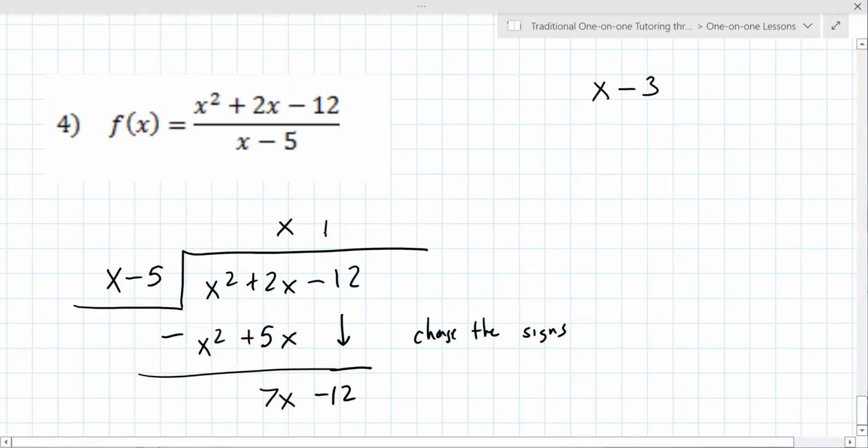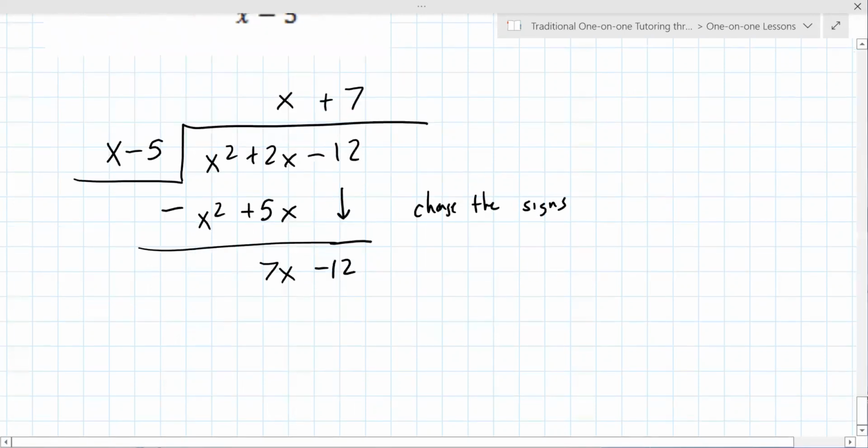So it should be x plus 7. Because that gives you 7x minus 35. And then again, you change the signs. And you change them both. So it becomes negative and positive in this case. Remainder of 23.